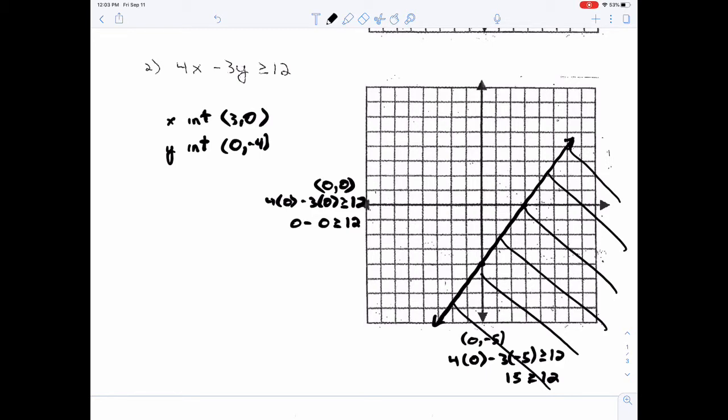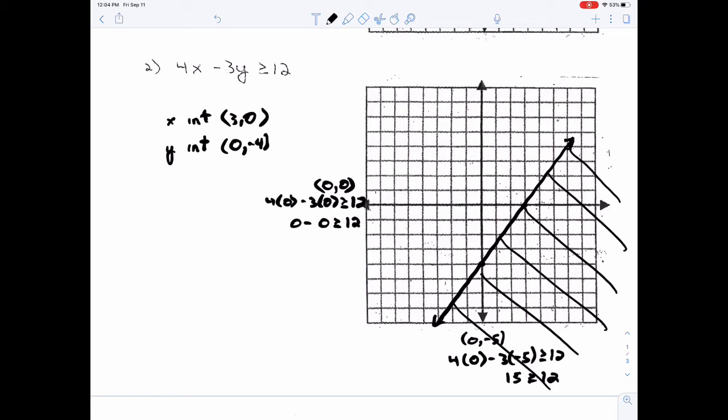Okay? Now, just a couple things. Again, I suggest you not do this by looking at the inequality and going, oh, greater than means above it and less than. No, it really doesn't work that way. Next, you could always say to yourself, well, if I check this one and it doesn't make it true, then the other side must make it true. Well, that'd be correct, providing you know for an absolute fact you didn't make a mistake graphing the line.